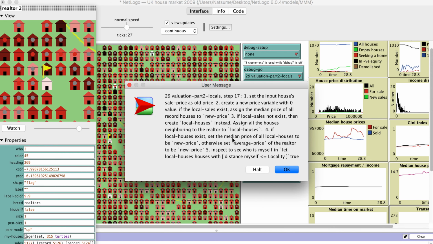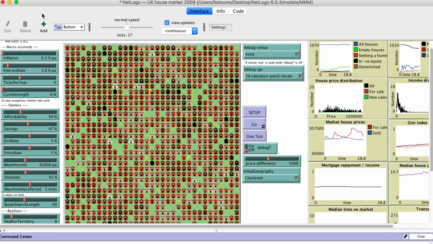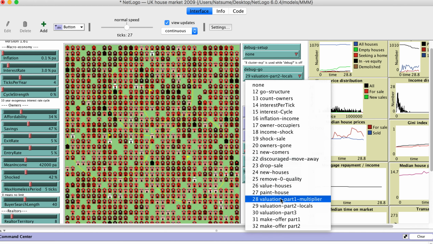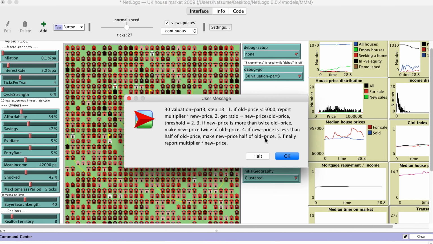Let's look at the third step. The third step is easier because the difficult job has already been done. The third step says, okay, we have the new price. So let's just get the multiplier and then get the final valuation price. So if the old price of the house on the evaluation is below 5,000, then that's easy.